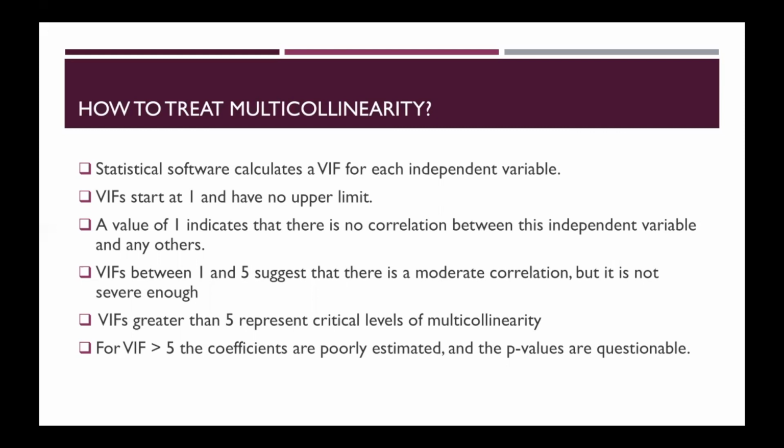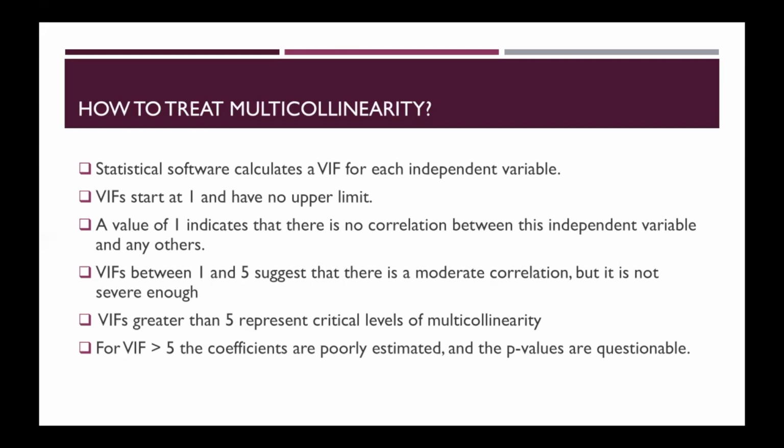For VIF greater than 5, the coefficients are poorly estimated and the p-values are questionable. So generally, we will calculate the VIFs for all the features, and we will go through those VIF factors one by one. And then slowly, depending on our domain knowledge also, we will start dropping the features which have high VIF factors, and then again we will calculate the model for the remaining features.